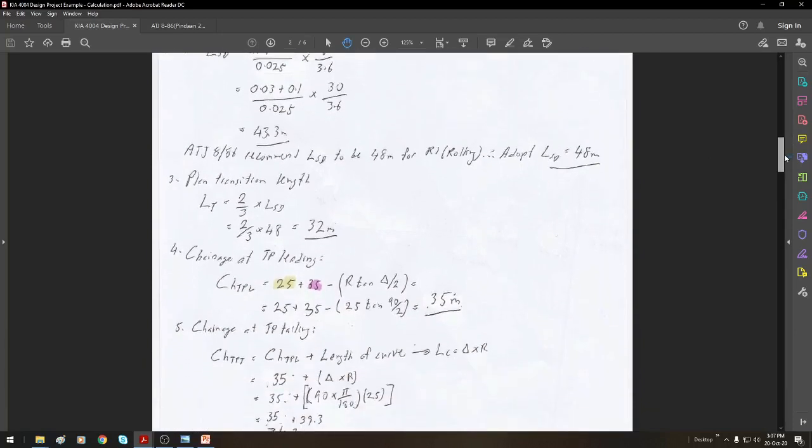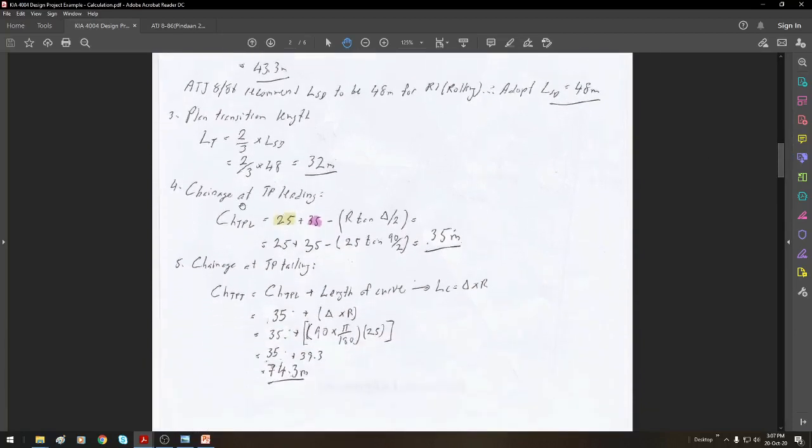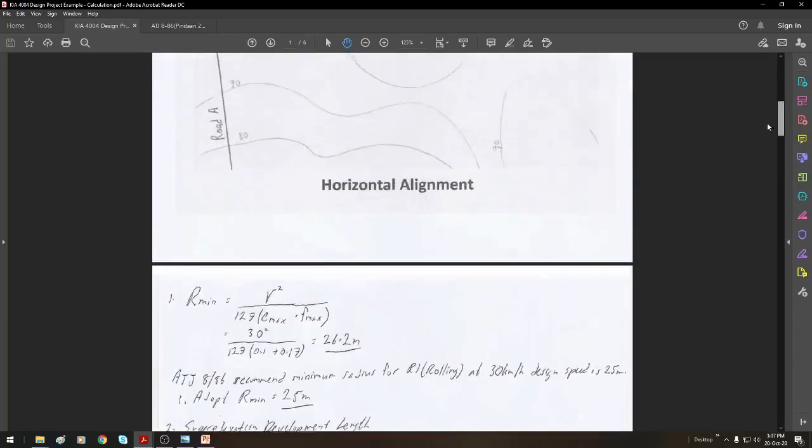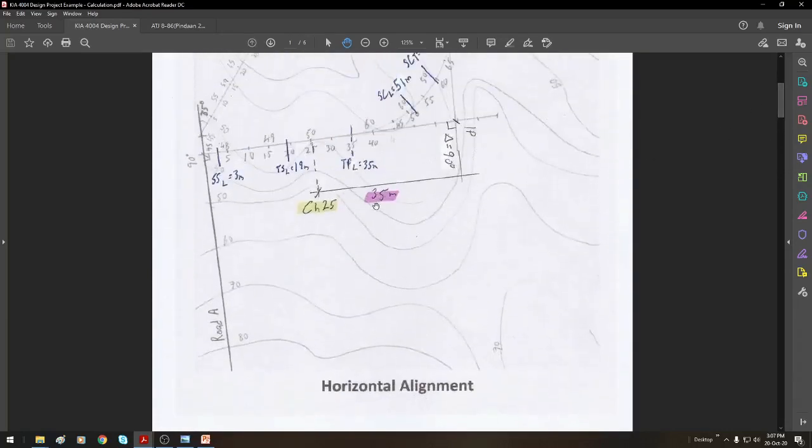So take the chainage at TP leading equal to 25, the chainage that we measured previously, plus 35, the value of the length over here.